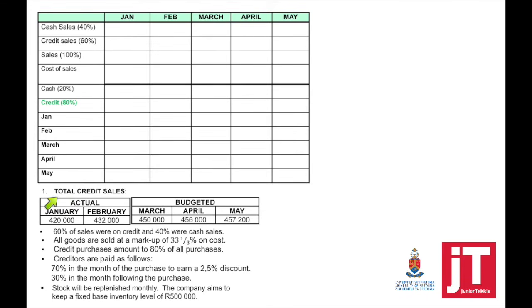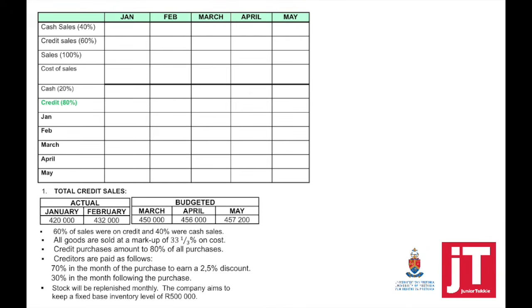If you look at the information, they provided you with the total credit sales. Then they said 60% of sales were on credit and 40% were cash sales. All goods are sold at a markup of 33 1/3% on cost.